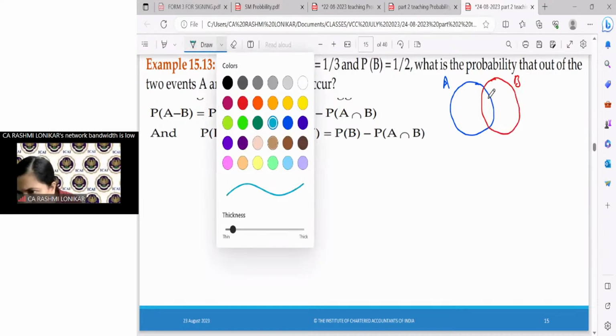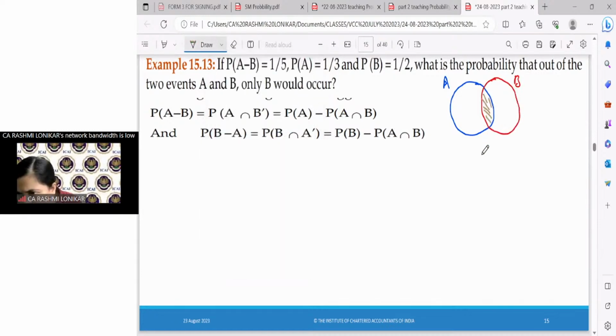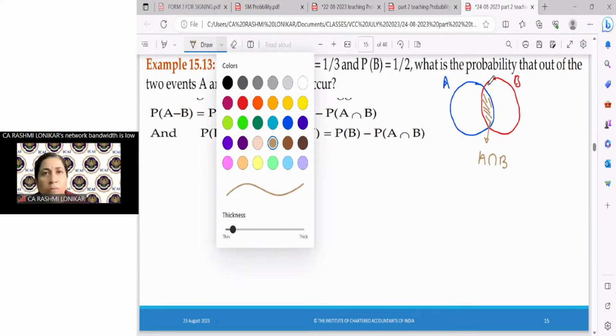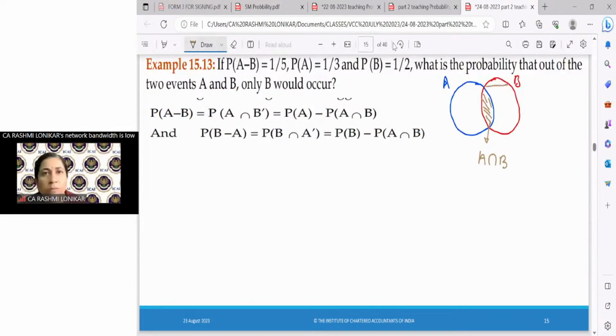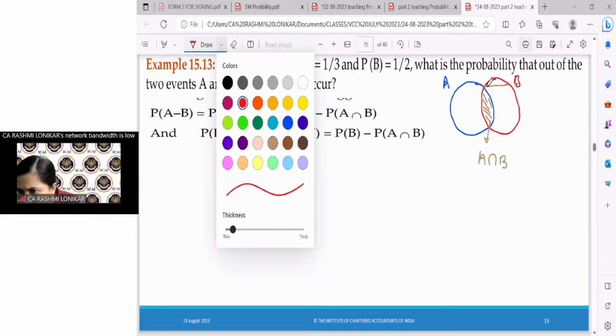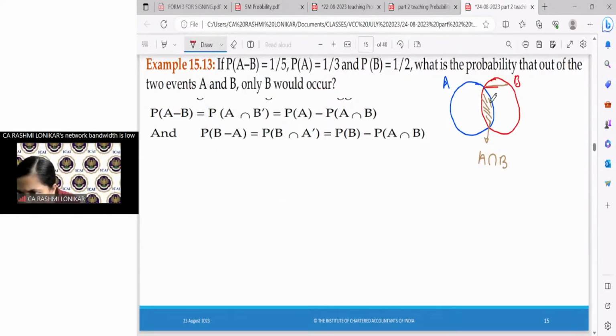So this area now, what is this? A intersection B. Okay, this is A intersection B. Now what this means is, apart from this area, this is only B. Okay.